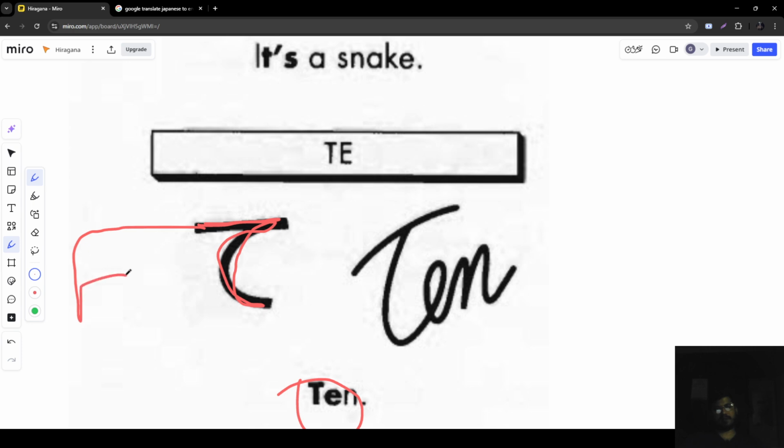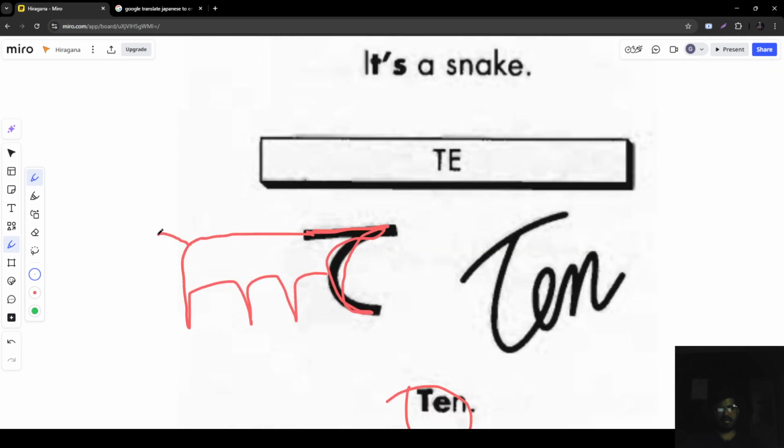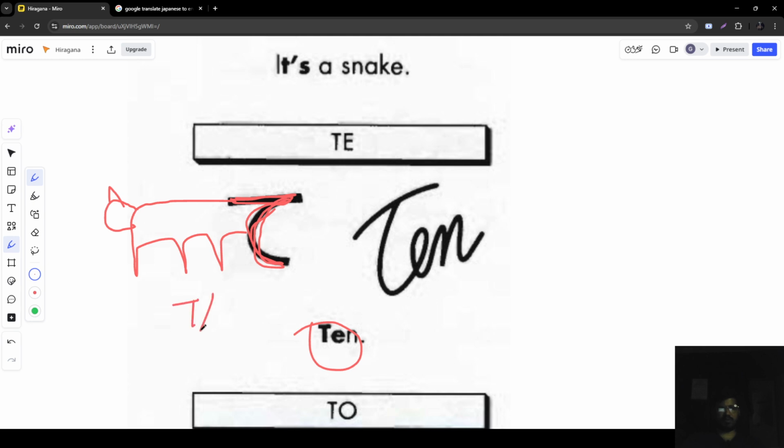Again, forgive me for my drawing. It's not that great because I'm using a mouse and my command over the mouse is very bad. So this is the tail. That is how you could remember te, te. All right.